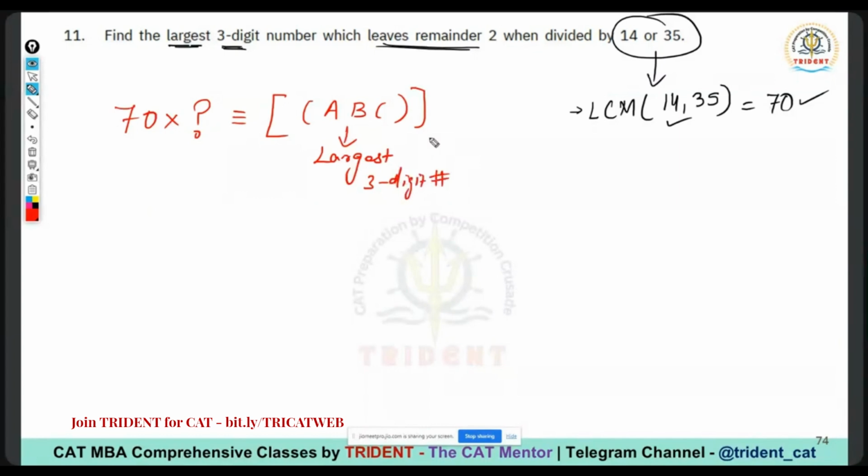I'm using hashtag as a replacement for numbers. But remember, I need a remainder of 2 also.